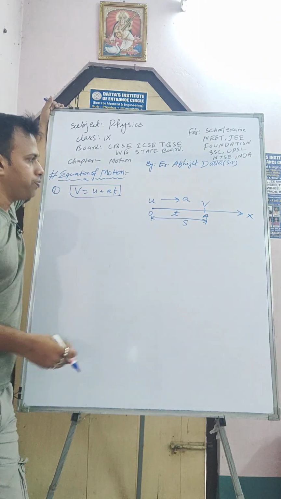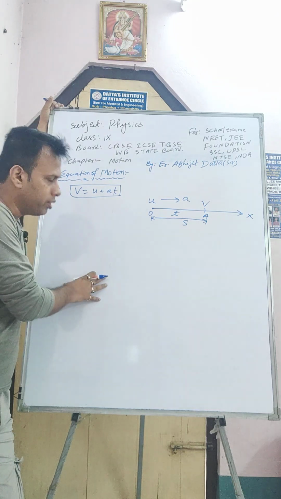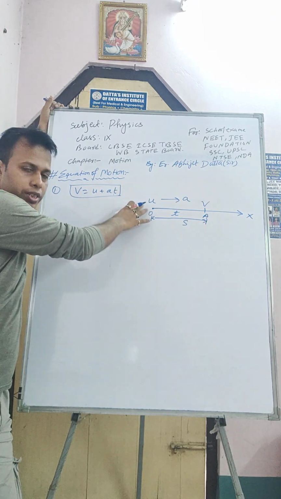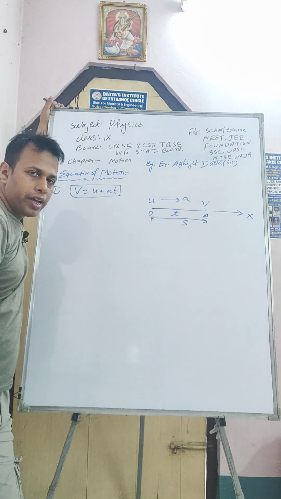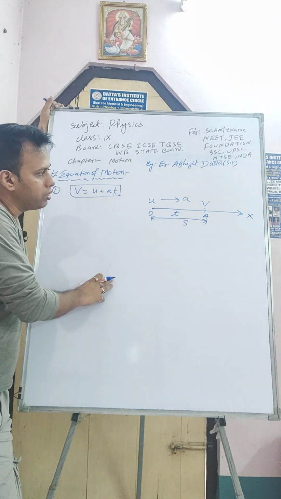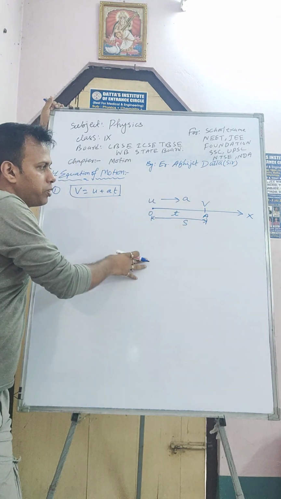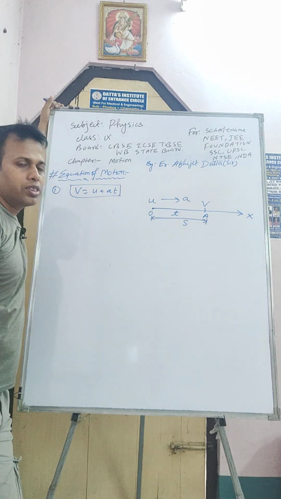So suppose a body is moving from the starting point O with velocity u, and after a certain time t, it reaches a point A, and the velocity at that point A is v. So it will be the final velocity, and this one is the initial velocity. During this period, it travels the distance s, and the acceleration of the body is a.